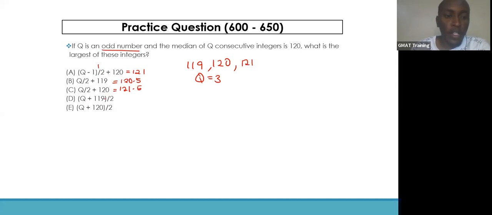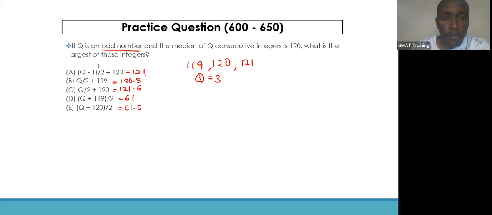Q plus 119, that's 3 plus 119, which is 122. 122 divided by 2 should be 61. And Q plus 120, that's 123 divided by 2, which is 61.5. So here are the values, given that we've chosen this set with Q being 3, the odd value.